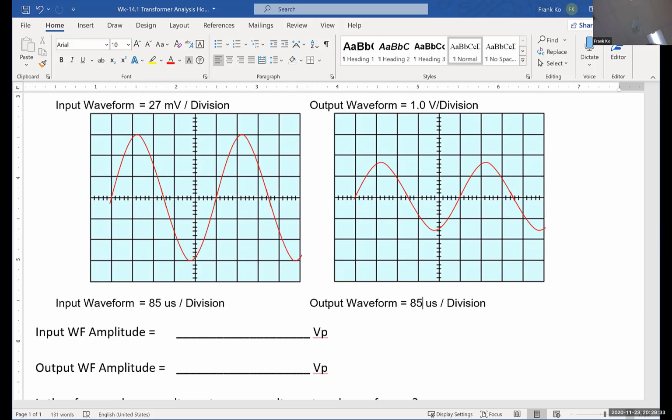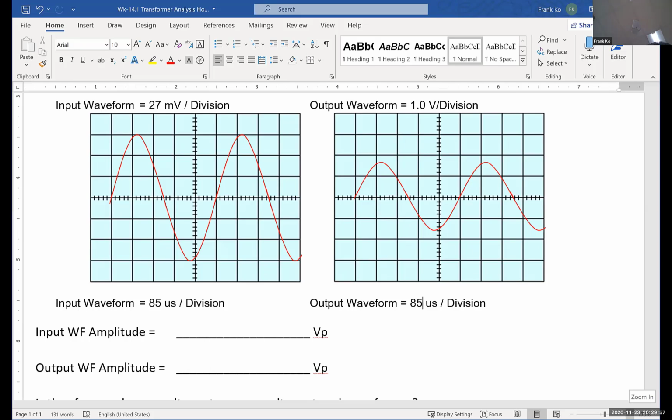Then the output waveform is 1.0 volts per division at 85 microseconds per division. So now we're going to use waveforms that you're likely to read off of an oscope attached to the front end of the transformer and attached to the back end of the transformer. You need to determine how this transformer is behaving, all right?